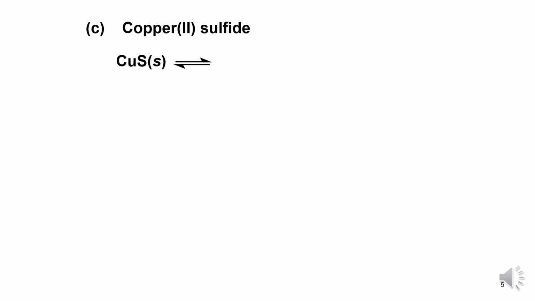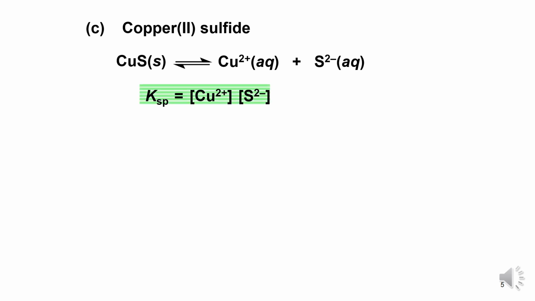We write the molecular formula, CuS solid, which produces Cu2+ aqueous plus S2- aqueous. Make sure the equation is reversible and the phases are right. So Ksp equals [Cu2+] times [S2-].